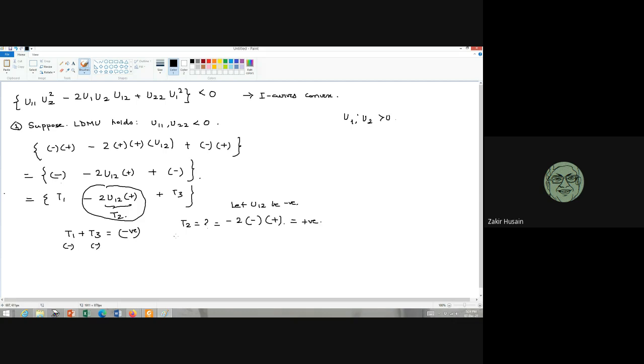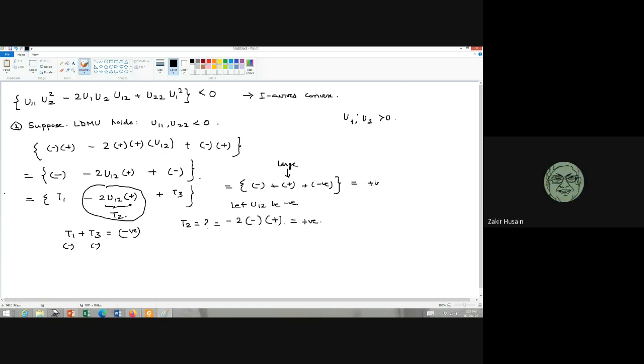So T2 is positive. So what is this term now? This is negative. If this is sufficiently large enough, what will be the sign of this entire expression, T1, T2, T3? Plus. Positive.